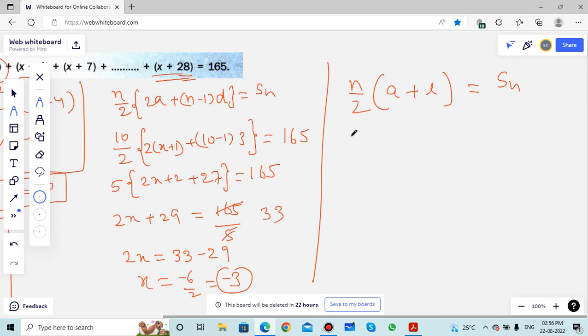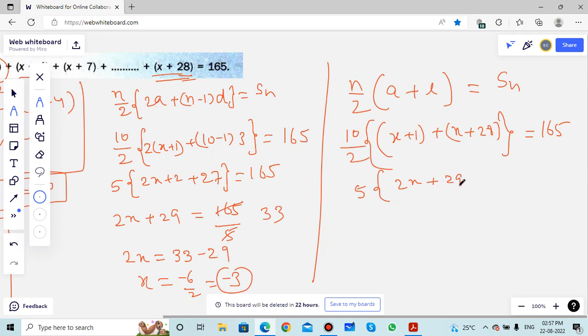So n is how much? 10. So 10 upon 2, a is x plus 1. Use x plus 1, plus l is how much? X plus 28. Fine. Is equal to 165. If I use this, what will happen? 5 x plus x 2x, open the bracket, plus 29 is equal to 165.